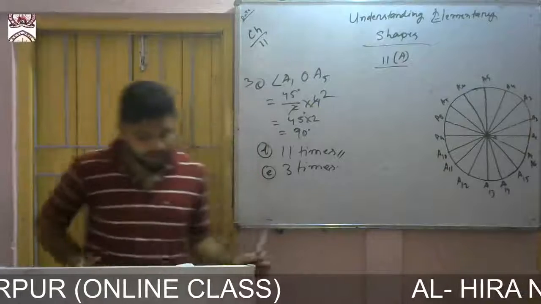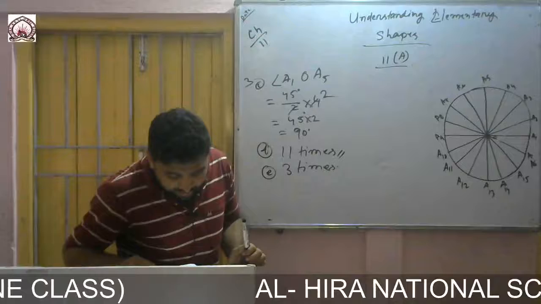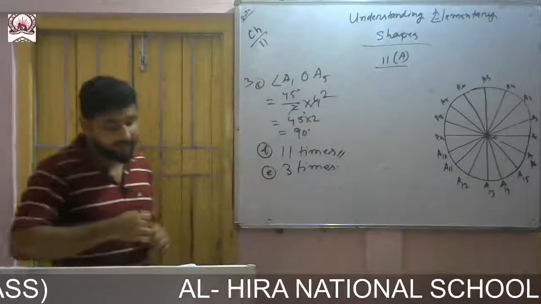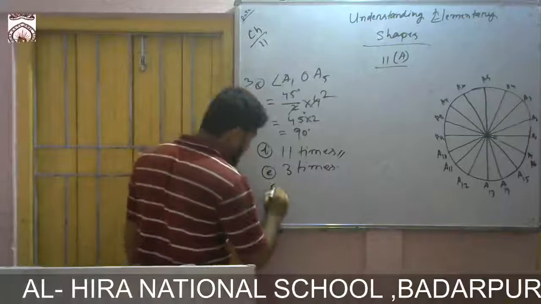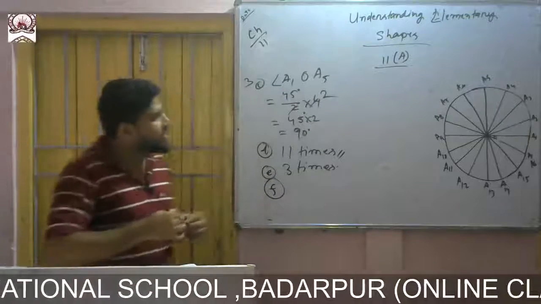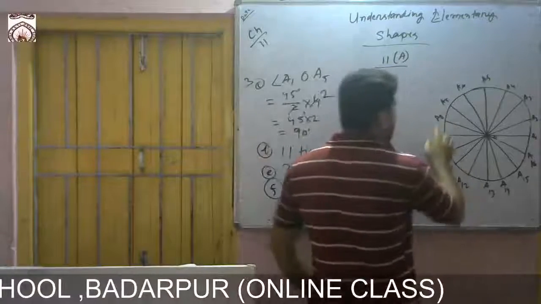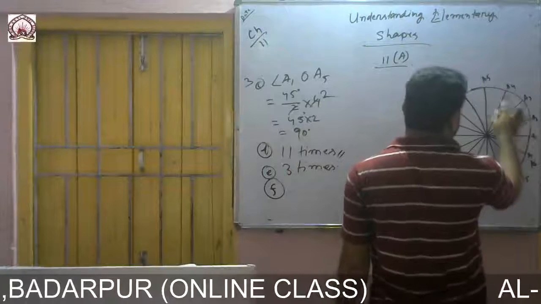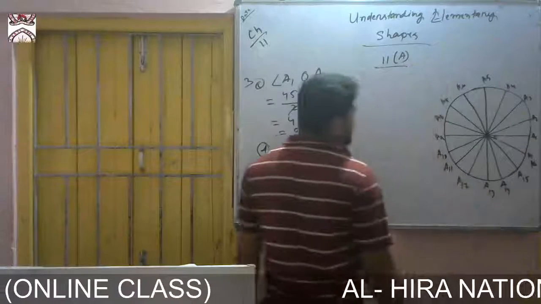What fraction of the whole revolution is the angle A5OA7? So how many parts from there to A7? 1, 2, 3, 4, 5, 6.